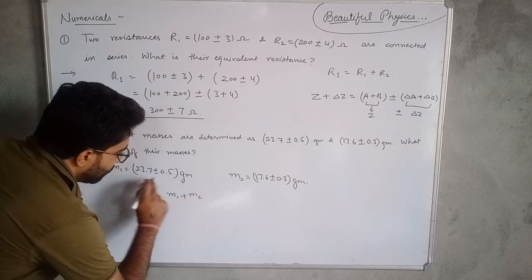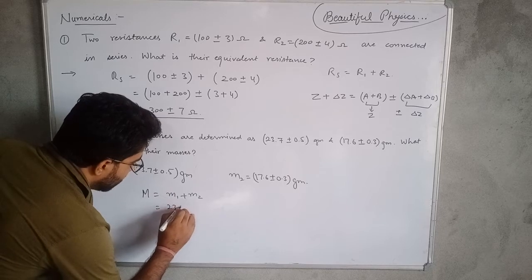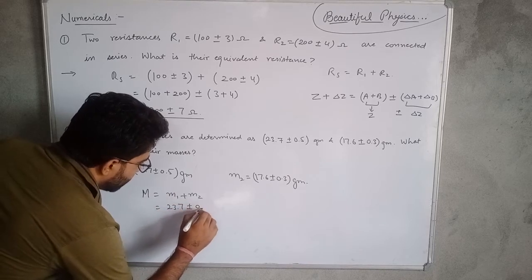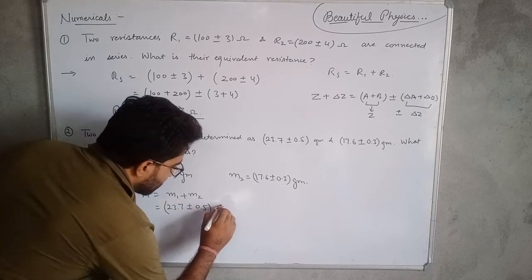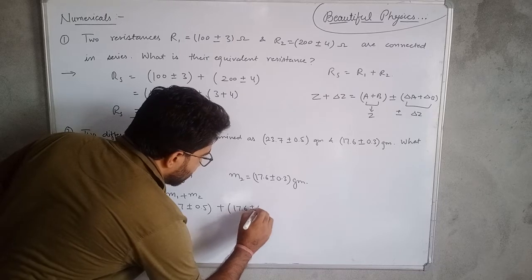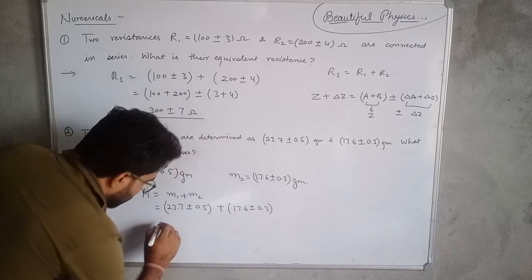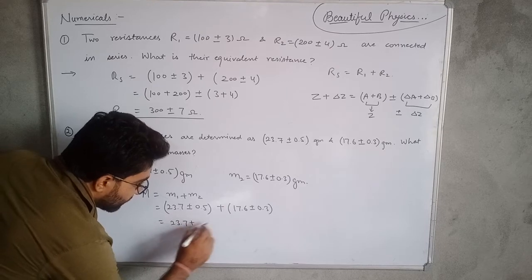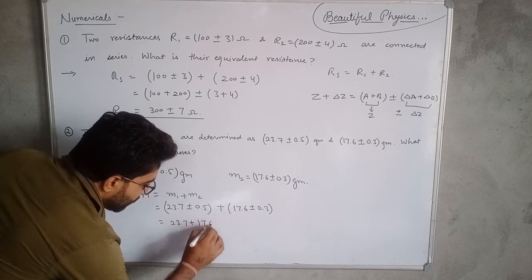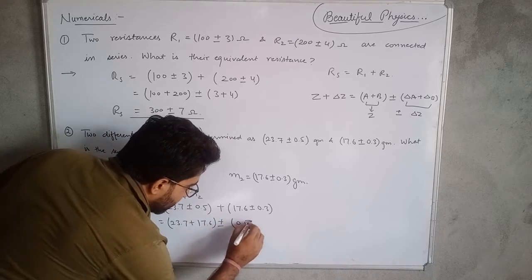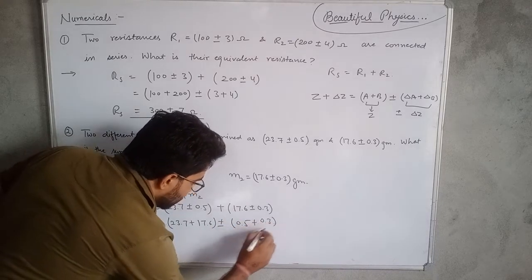So the value of M1 is 23.7 plus minus 0.5 plus M2 is 17.6 plus minus 0.3. Again it will be equal to 23.7 plus 17.6 plus minus 0.5 plus 0.3.